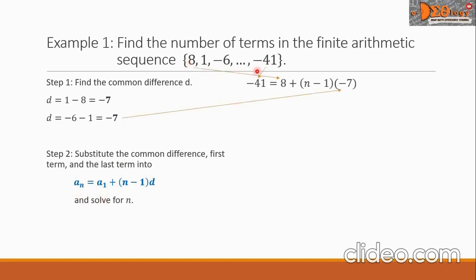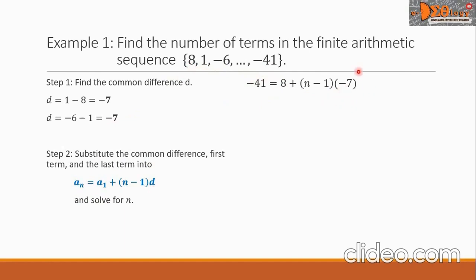So we have here negative 41 equals 8 plus the quantity n minus 1, times the D, which is the common difference that we got from step 1, so negative 7. Then we will simplify from here.